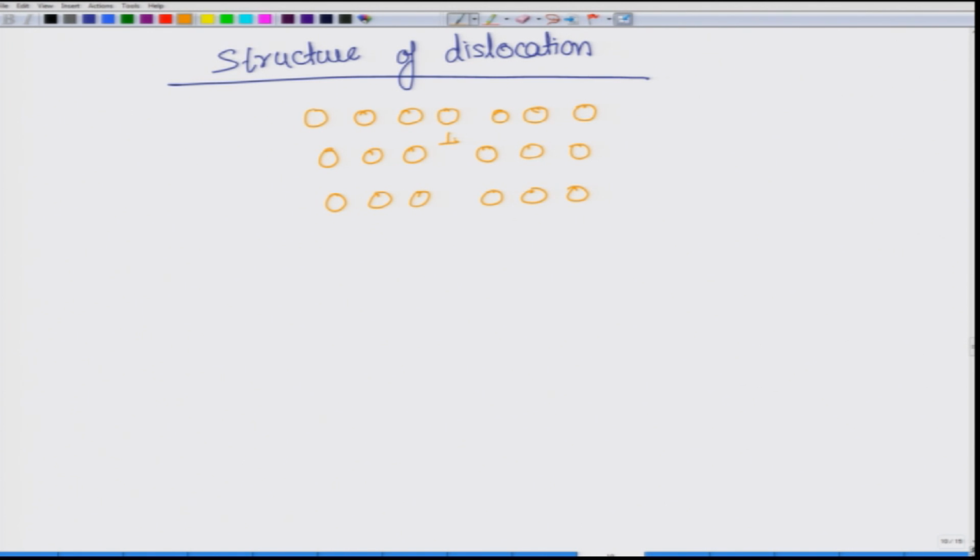So, the way it shows in the textbooks, it looks like the dislocation is actually limited to just one half plane. So, the edge dislocation that we are talking about is limited or localized to one half plane.